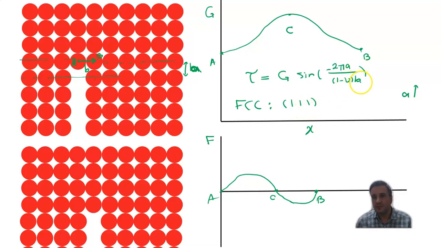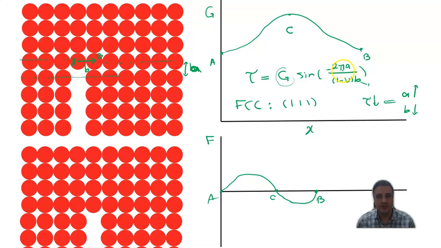B is the Burger's vector, and by decreasing the B value, the amount of the shear stress that is needed for plastic deformation also decreases. G is the elastic shear modulus of the material, and ν is the contraction factor of the material.